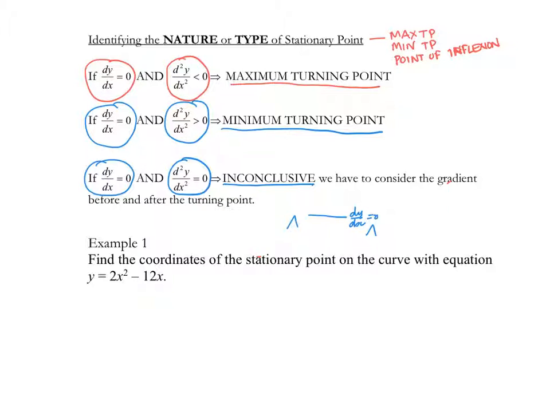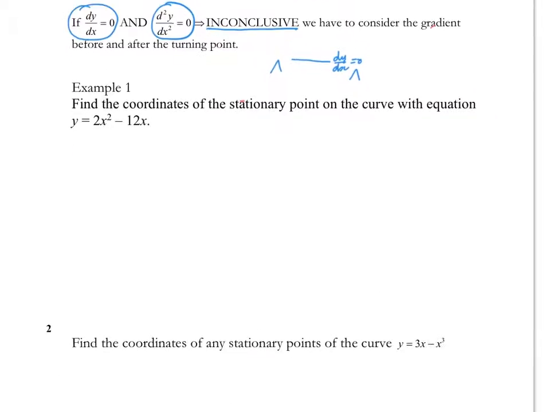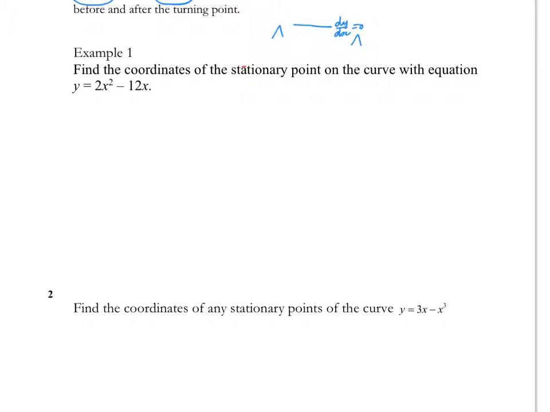Now, how do we apply this? Let's look at the example below. We have: find the coordinates of the stationary point. So there's our key statement, stationary point, and that tells me that dy by dx is equal to 0, and we've been given the curve as well.